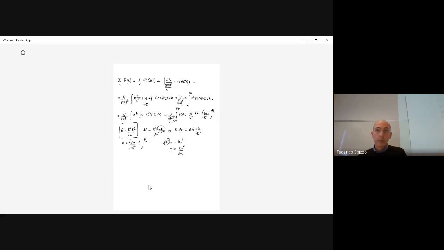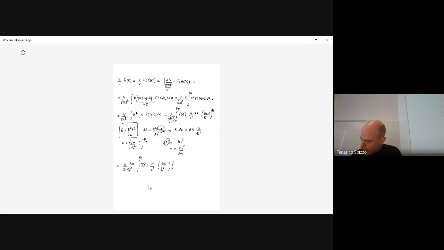So I make this substitution into the calculation. So I end up with V divided by 2 times kf to the power of 3 times 3 times the electronic density, integral from 0 to EF, f of E, m over h bar squared, and I have 2m divided by h bar squared.